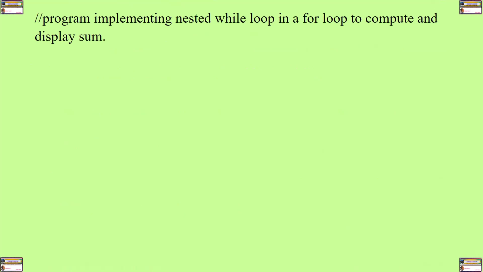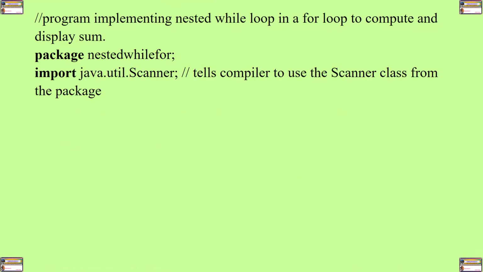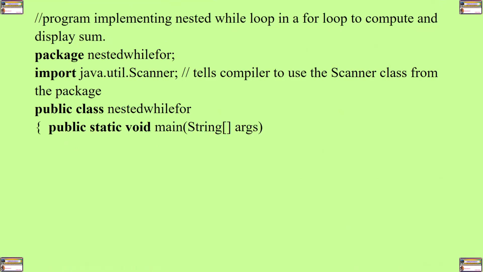The comment is: program implementing nested while loop in a for loop to compute and display sum. The name of the package is nestedwhilefor. Then we have import java.util.Scanner. The name of the public class is NestedWhileFor.